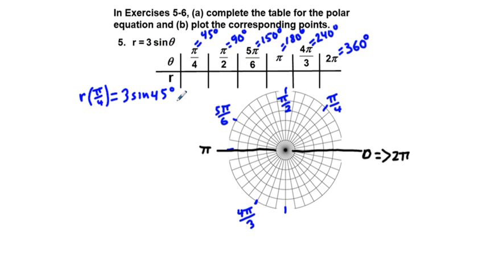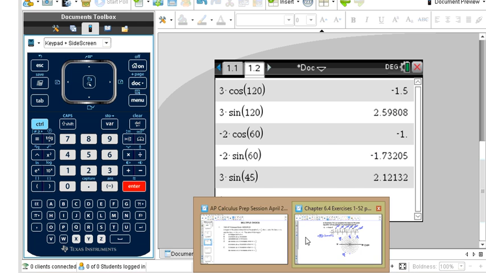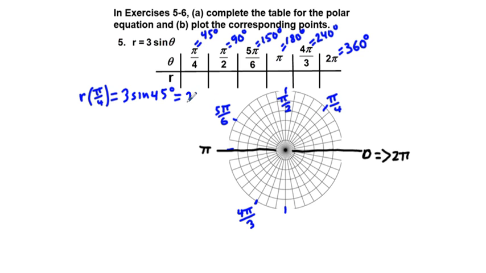Well, the sine of 45 degrees is square root of 2 over 2, but we'll just go ahead and multiply that. We'll have 3 times sine of 45 degrees, and for that we get 2.12132. I'll just put 2.12 here, and we'll write this up here in the table.